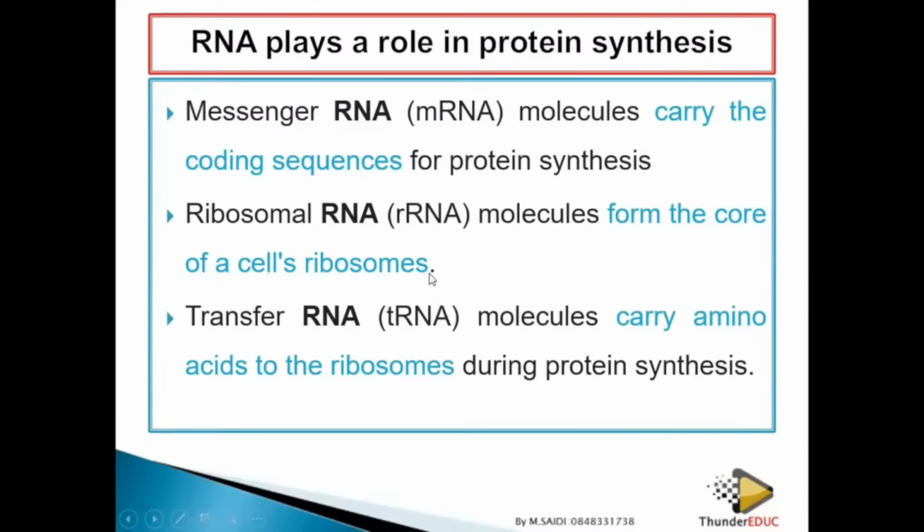That's what I've been trying to explain: their function determines the type of RNA it is. What they do will determine what type of RNA it is. So there are 3: messenger, ribosomal, and transfer RNA.